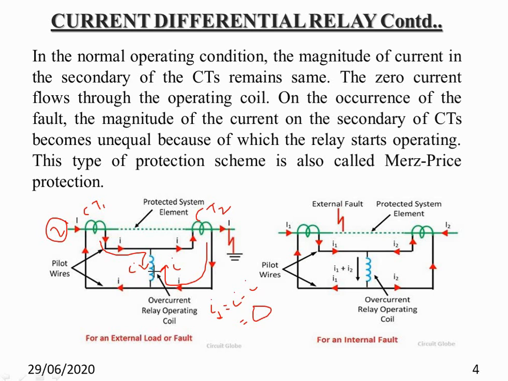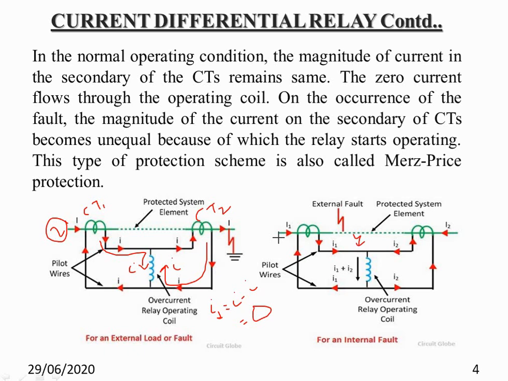Now come to the internal fault. Suppose a fault occurs within the protection zone, that means a fault happens in the transformer winding. Here the source may be connected from a single end, or from both ends.